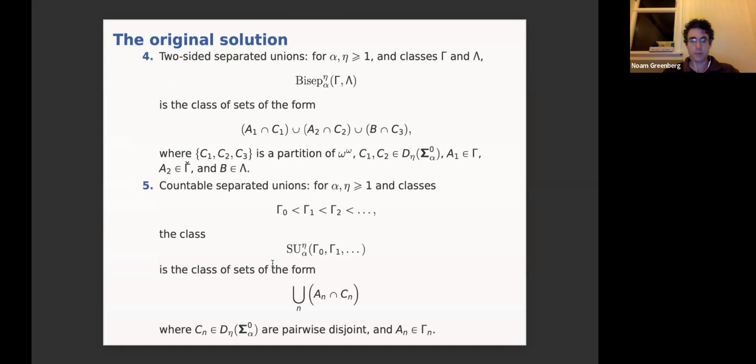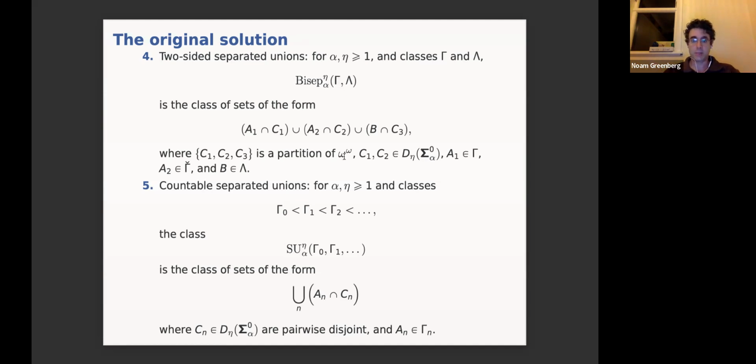And then the similar operations just get more complicated. Two-sided separated unions: instead of a set and its complement, I have two disjoint sets in D eta sigma alpha, and I'm telling you what happens on each one of those two sets and what happens on the complement of their union.